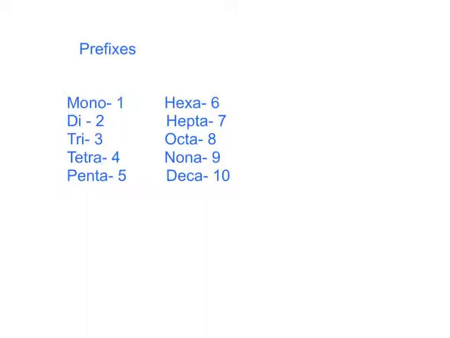Mono is 1, di, tri, tetra, penta, hexa, hepta, octa, nona, deca. There are other prefixes for higher numbers, however, we won't really deal with them. There is an exception, and we'll deal with that in just a moment.